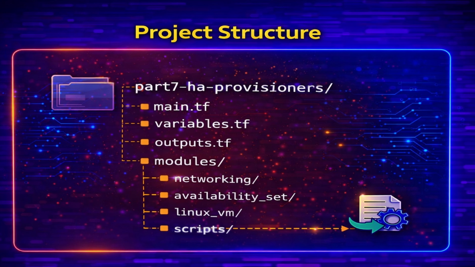If one VM goes down due to planned maintenance or unexpected failure, Azure will protect the workload using availability sets or availability zones, and the load balancer will redirect traffic to the healthy instance. So even though this is a simple setup, it represents a real-world high-level design. Let's go to VS Code and check our code for this project.